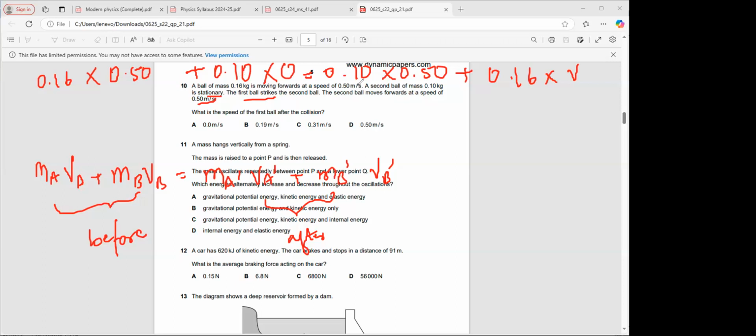This is left, this is left, and this is left. From here you have to calculate the velocity. Okay, make the equation simple, like write this as 0.08, remove this, then 10 into this will become 5 plus 0.16v. Like this, solve. Okay, wait.